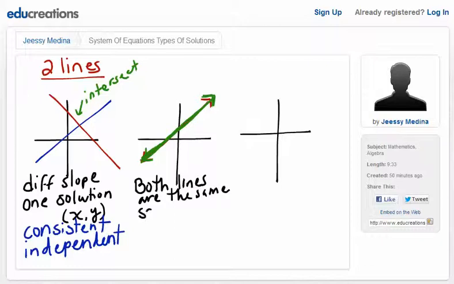That means they have the same slope and they have the same y-intercept. We say that this system is consistent, but it is dependent.